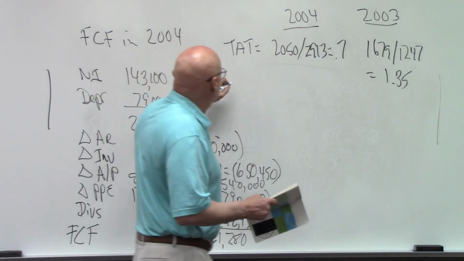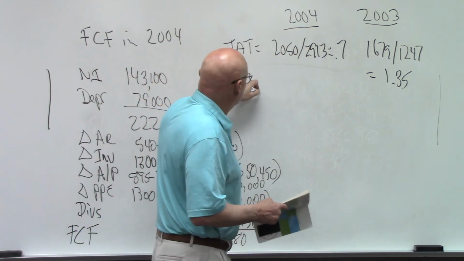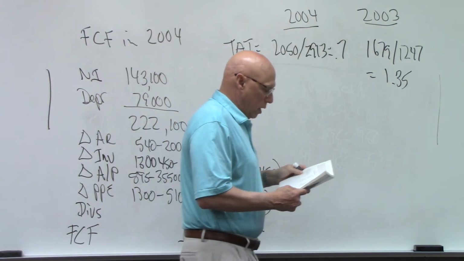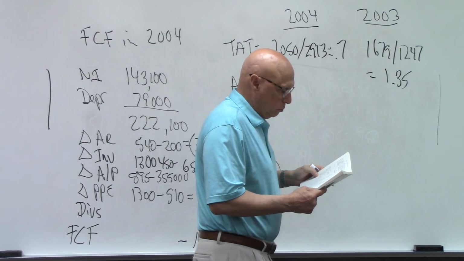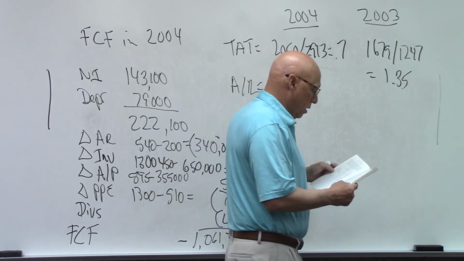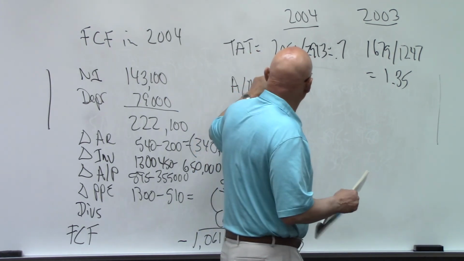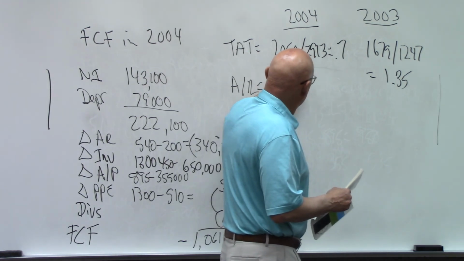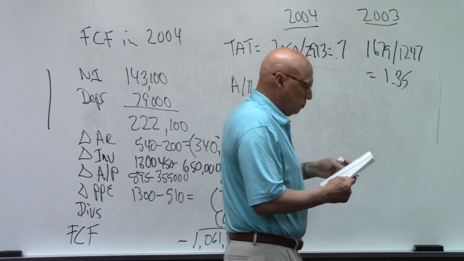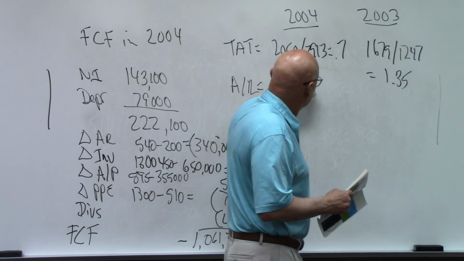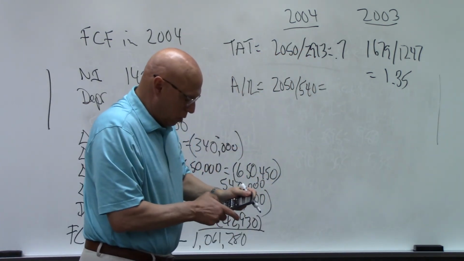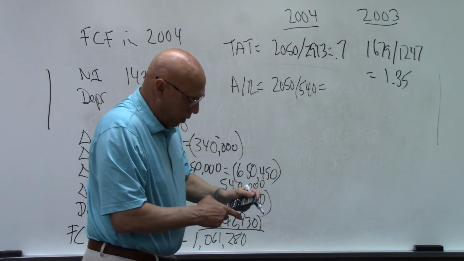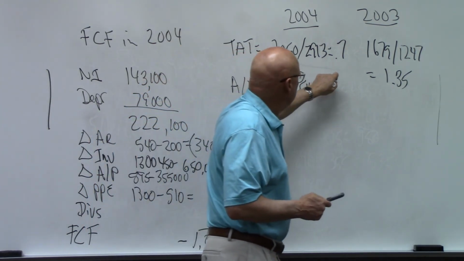Let's look at our accounts receivable turnover, see if that's a problem. So that's going to be sales divided by accounts receivable. So we have 2050 divided by 540. 2050 divided by 540 is 3.8.